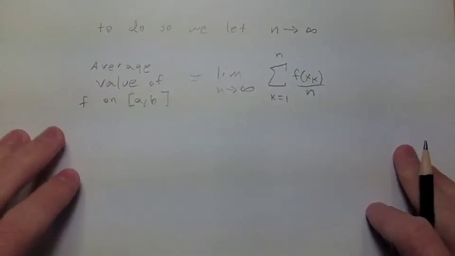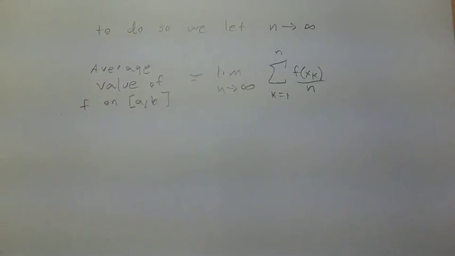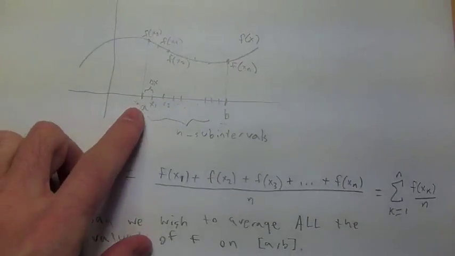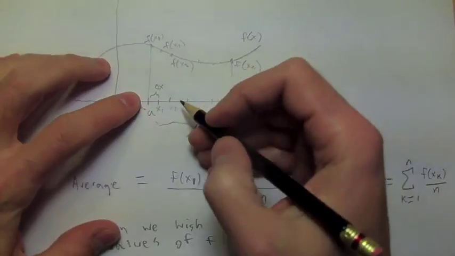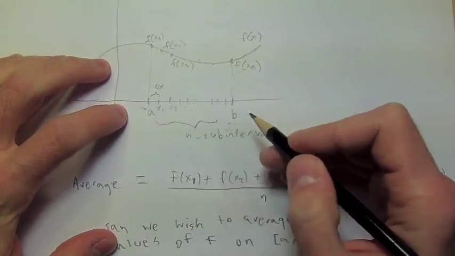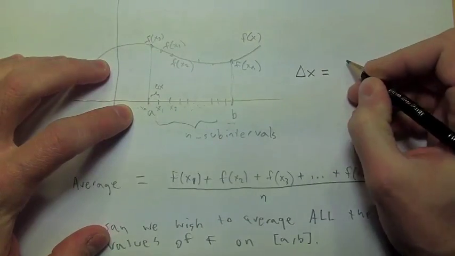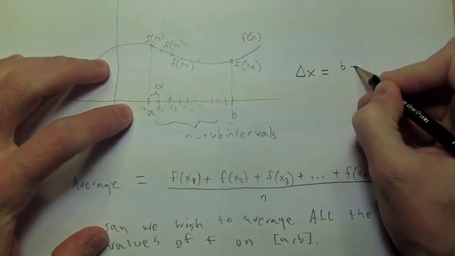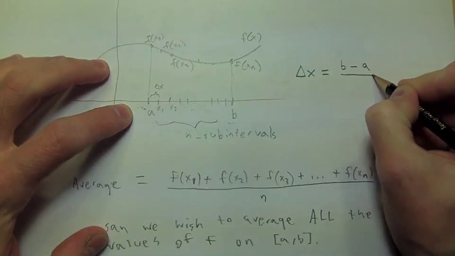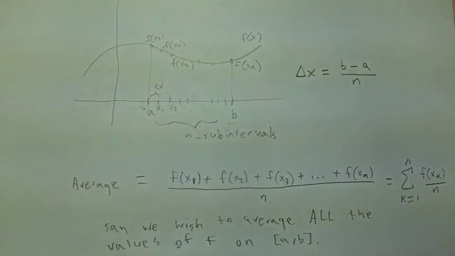So what I'm going to do is go back here. Your delta x, remember, we have a step size that's equal, so equal step sizes. And if you remember how we got delta x previously, it's b minus a divided by n.